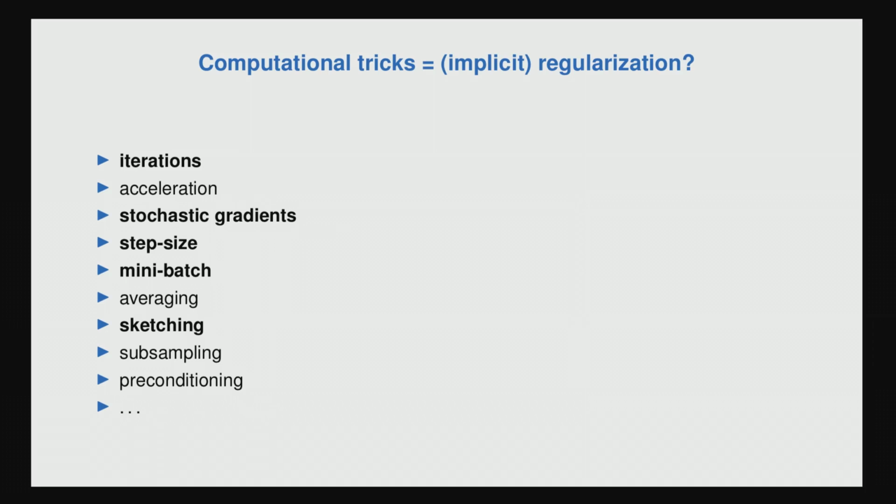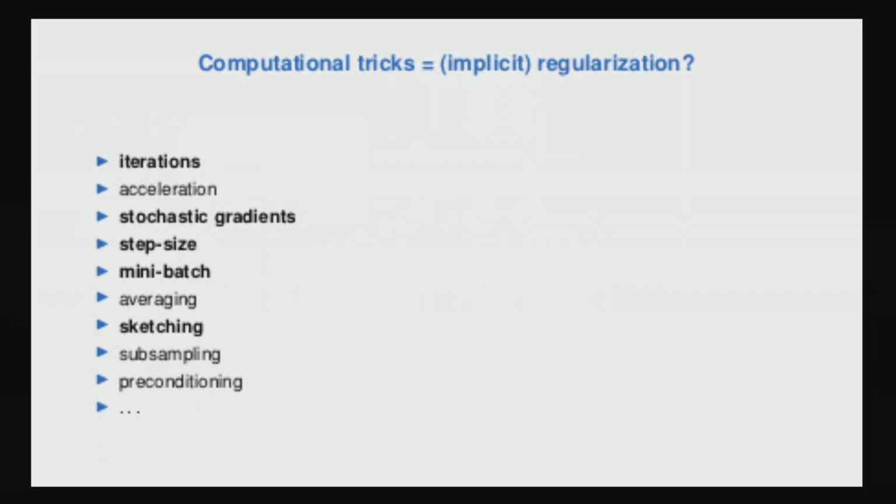All these ingredients are choices that we make, and for which we don't know anything about their effect on the generalization properties of the function that I'm learning.